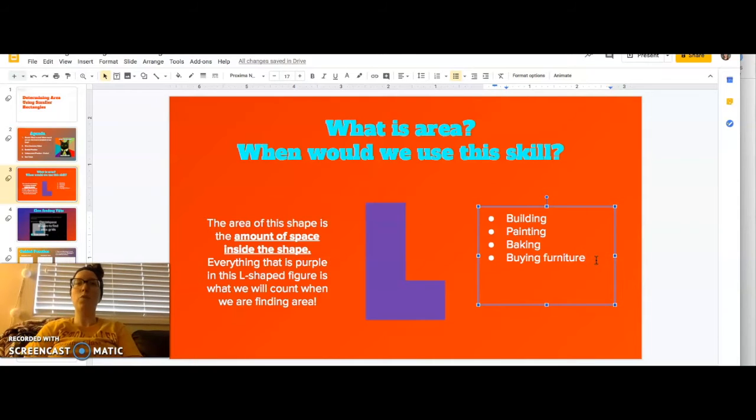Like, what if you were buying a couch that looked like this, right? You'd have to make sure that you found the area first to make sure that it fits in your living room or that it even fits through the door. If you can think of other ways that you might use this skill of finding the area of a shape that looked like this, I want you to put them in either the class comments or a private comment. Your teachers and I would love to see what you come up with.